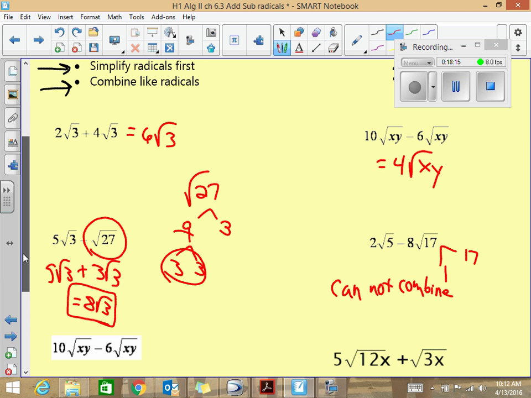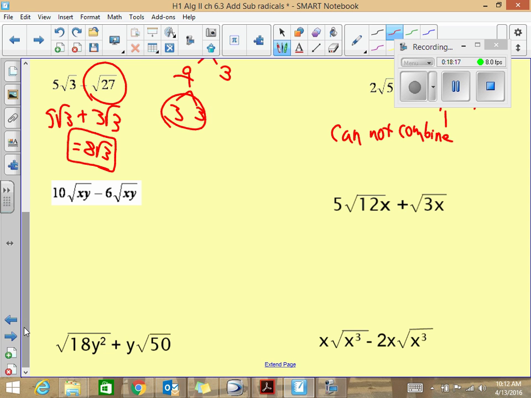Okay. This next one is just a duplicate. So 10xy minus 6xy is 4xy. Okay. Now 5 radical 12x plus radical 3x. Again, the way it's written, we can't do anything with it, right? But this is not in simplest form. So what can we do?